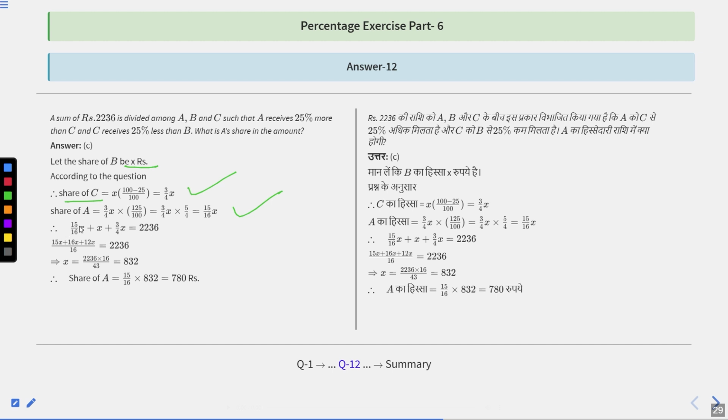So we add it: 15 by 16 x plus 3 by 4 x plus x equals 2,236. When we calculate it, we get x equals 832. Okay, so share of A is 15 by 16 of x. So 15 by 16 multiplied by 832, which is 780. C is the correct answer.